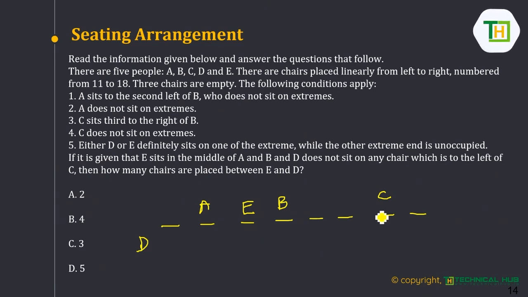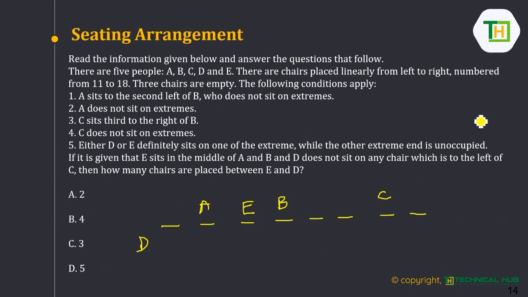Definitely D's position is the first position or last position. And one more condition is given: D does not sit on any chair which is to the left of C. Left of C means here, but in this case only one person is there between A and B, and the options are not given.